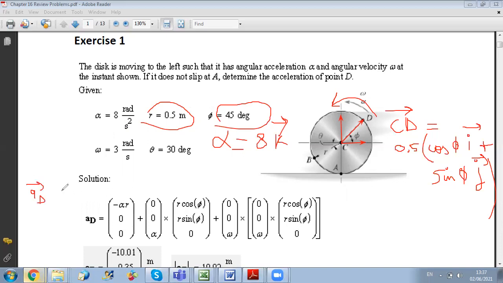Okay, so AD equals minus alpha times R, which is 4, minus 4 along i, plus we said alpha is clockwise, so plus 8k vectorial vector CD. We will replace vector CD by its value, which is 0.5 times cosine 45 i plus sine 45 j.